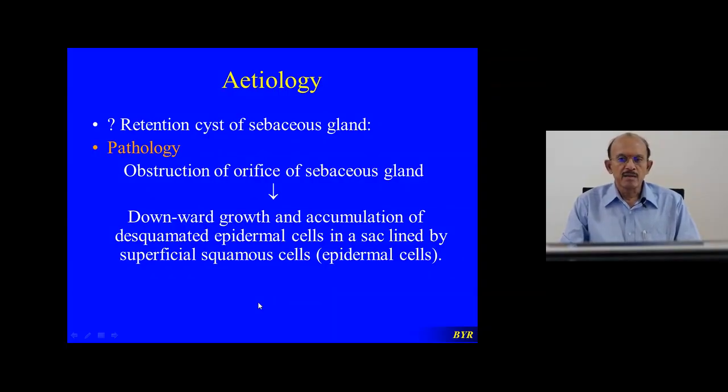Actually, the sebum is secreted from the sebaceous glands by dissolution of its epithelial cells. So it has epithelial lining cells. These lining cells are dissolved and they become the sebum, and that sebum is excreted onto the surface.